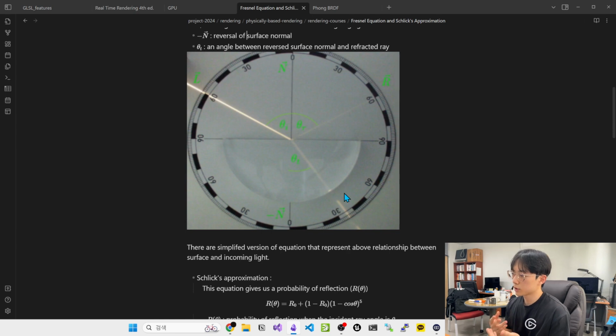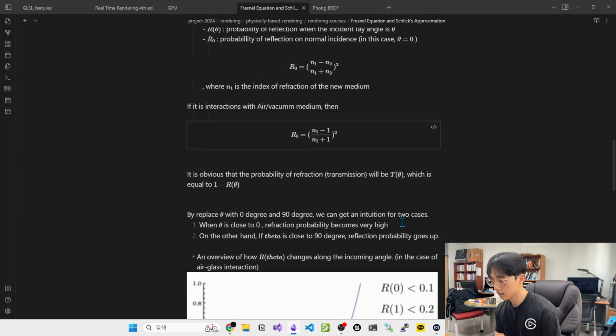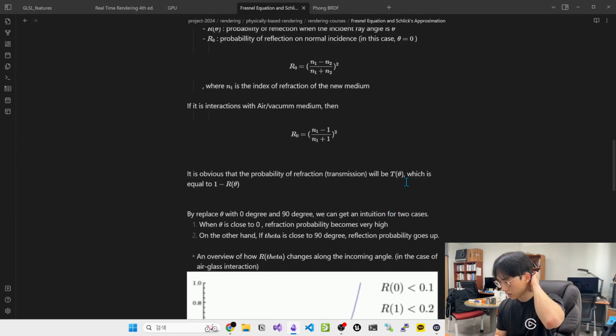Because we only have two types of interaction, reflection and refraction, by the axioms of probability, if the probability of reflection is r theta, the transmittance, the probability of refraction, will be 1 minus r theta, and we denote that as t theta, the abbreviation of transmission.